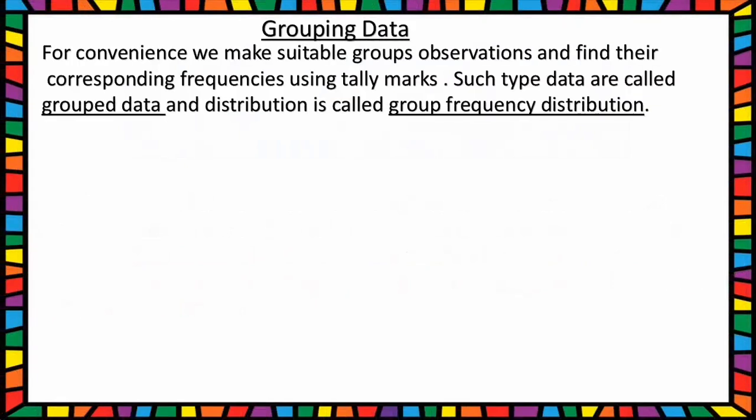Next is grouping data. For convenience, we make suitable groups of observations and find their corresponding frequencies using tally marks. Such data are called grouped data, and the distribution is called a grouped frequency distribution.